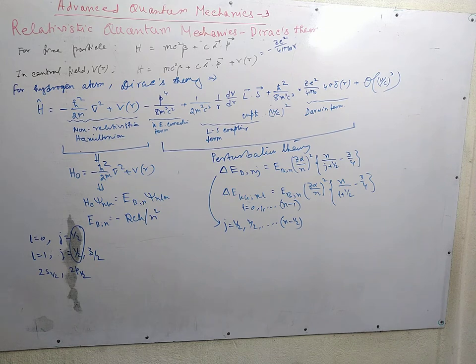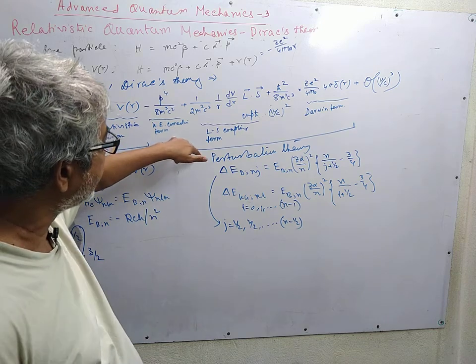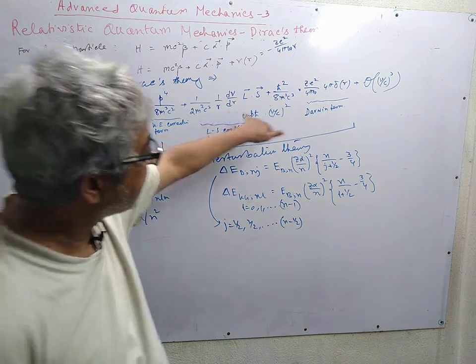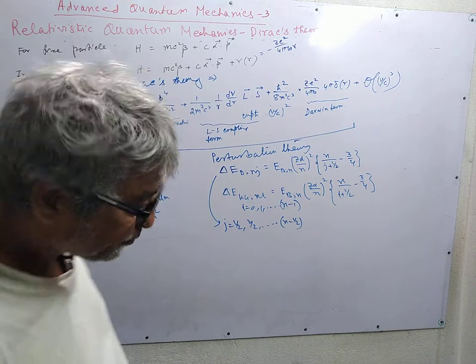Now for the hydrogen atom, the Dirac Hamiltonian correct up to v by c square term is this. This is the non-relativistic Hamiltonian. This is the correction to kinetic energy. This is the LS coupling term. This is the Darwin term.